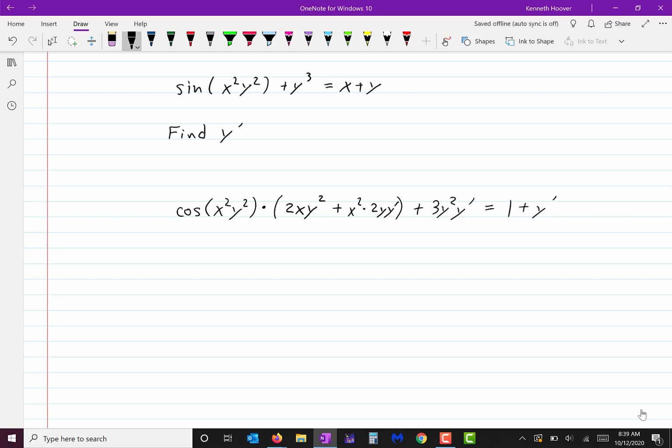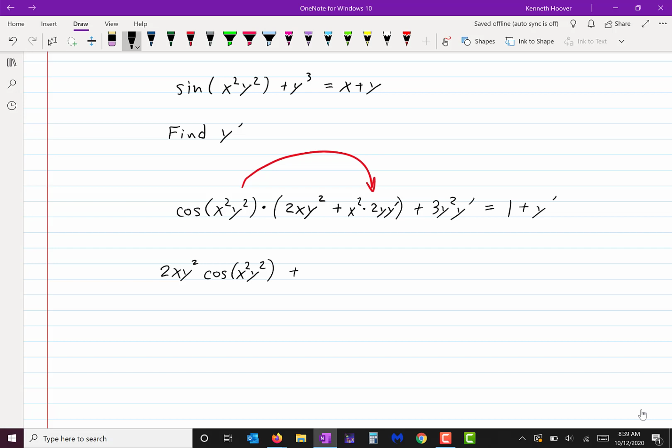Okay, let's just clean this up here because we still want to solve for y prime. So let's do this. Let's write 2xy squared cosine of x squared y squared. That takes care of this. Okay, and then got that, which will be, let's put the 2 in front.